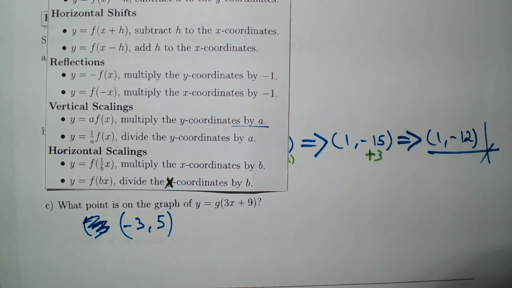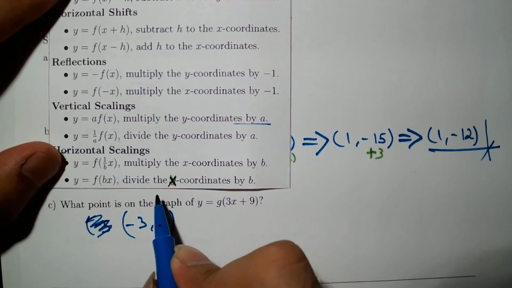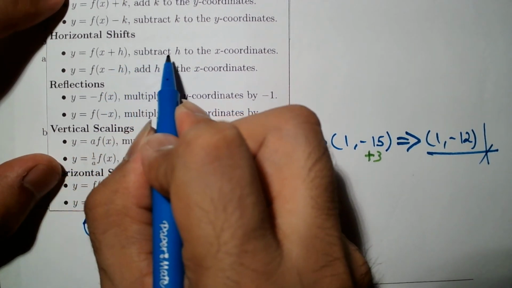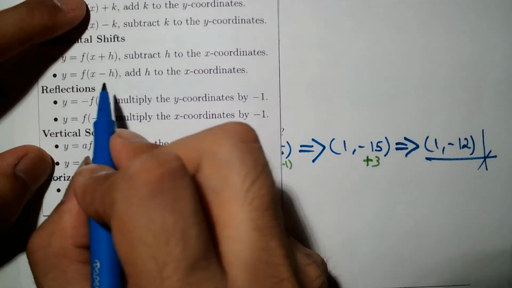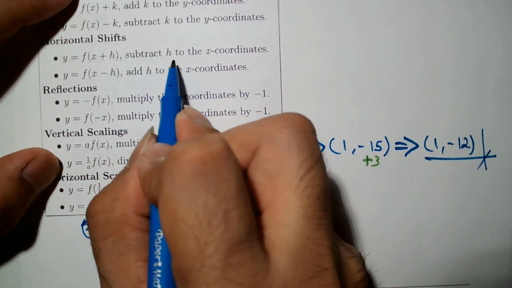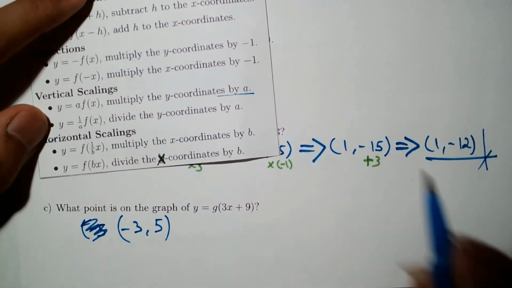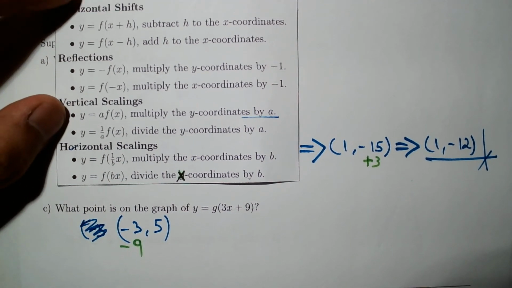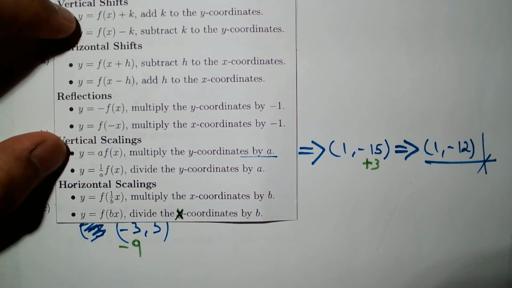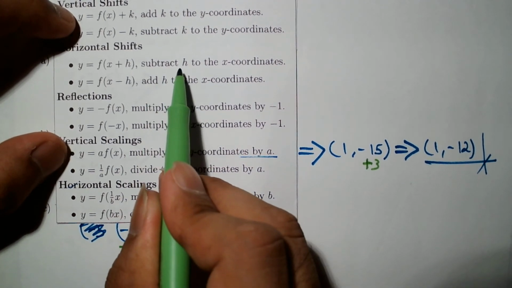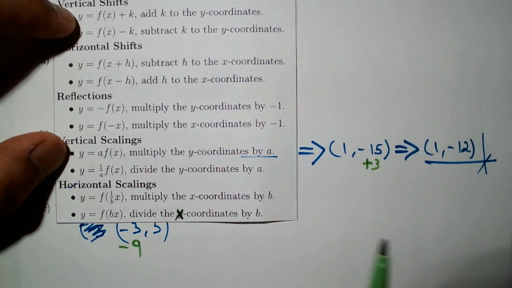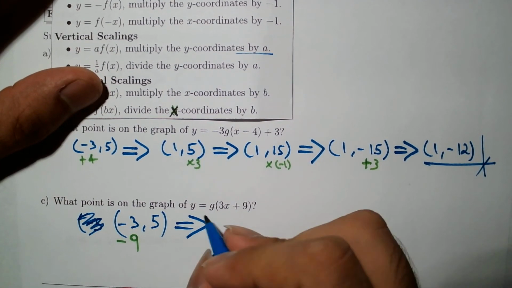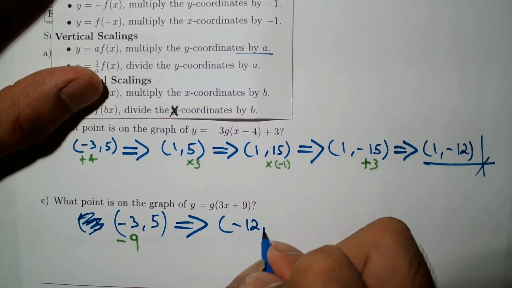In this case, the plus 9 is going to shift, or asking us to subtract 9 to the x coordinate, to the x value. Okay, subtract h, which is 9, to the x coordinate. And that's going to give us -12, 5.